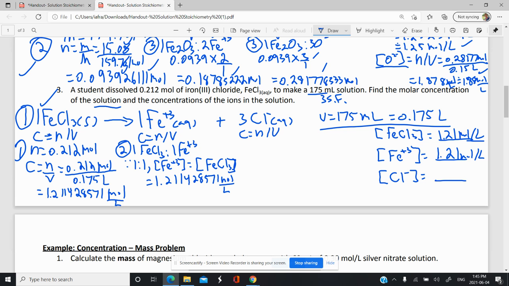Okay, so let's do the same thing now, but for the chloride. What's the ratio between the FeCl3 and the chloride? Right, a 1-to-3 ratio. So we have 1 FeCl3 to 3 Cl-. We can just take the concentration of the FeCl3 and multiply it by our proper ratio.